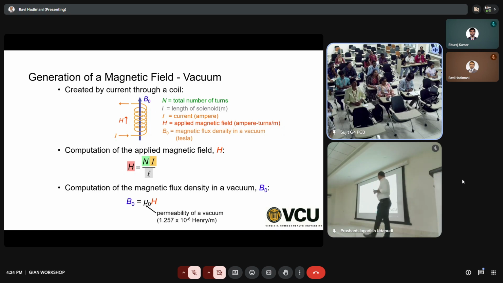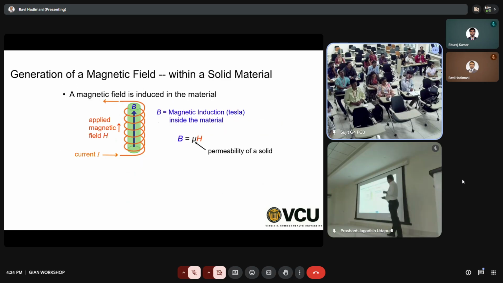So B is the material response, H is the field that you generate. Is that clear? Now you put an iron core there, so it will have a certain B, that is the magnetic flux density, and that depends on the permeability of that material.